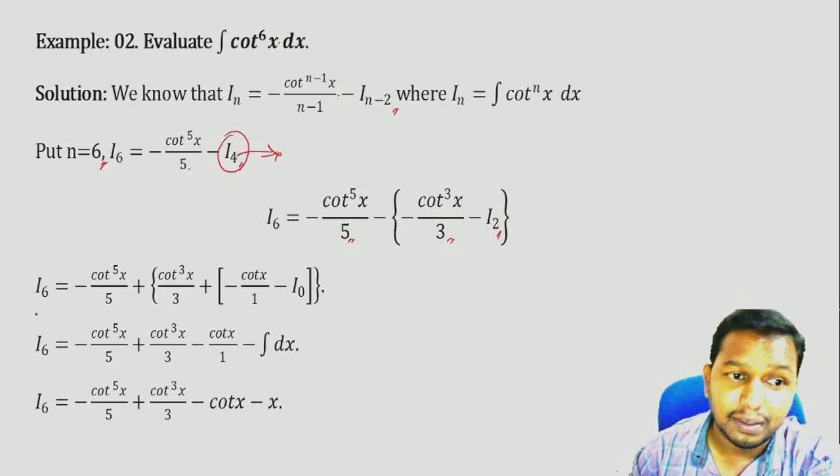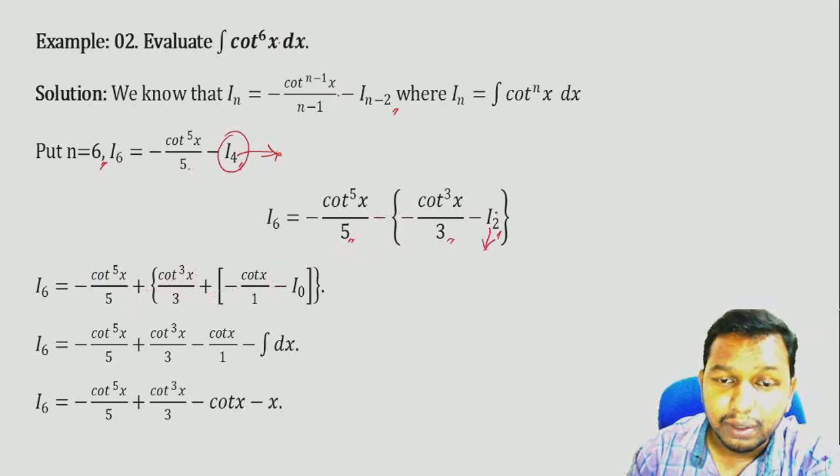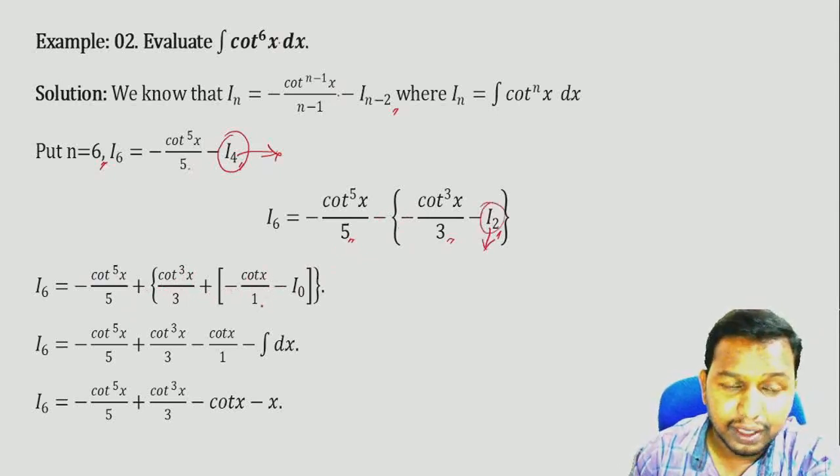So which is equals to I6 is equal to minus cot to the power 5x divided by 5 minus into minus plus cot cube x divided by 3 plus apply the reduction formula for I2, we get minus cot x divided by 1 minus I0.